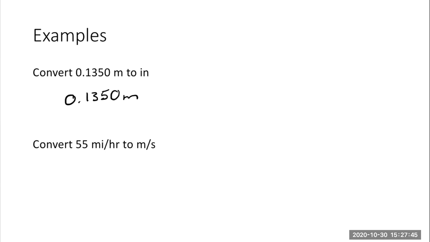We already know from our previous slide that I have 2.54 centimeters equals 1 inch. And then we've also learned how to convert between meters to centimeters. So I also know that I have 100 centimeters equals 1 meter. So you can see centimeters is our common unit here. So what we're going to do is use that common unit to help us bridge the gap between meters to inches.